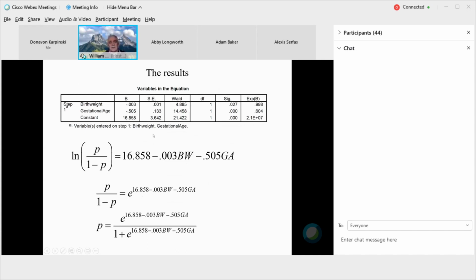The weight of birth weight is minus 0.003. The coefficient for gestational age is minus 0.505. From this, we can develop an equation which gives you the probability that it'll develop BPD from birth weight and gestational age.